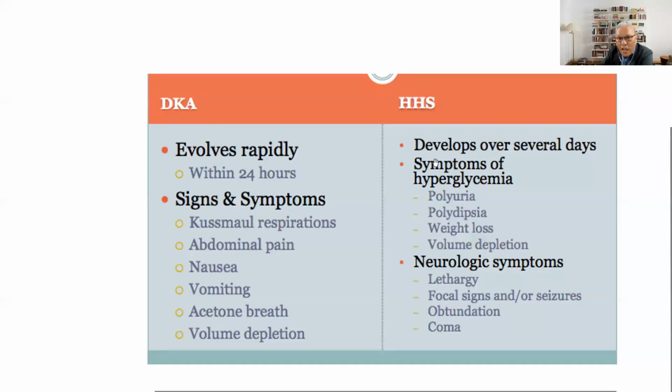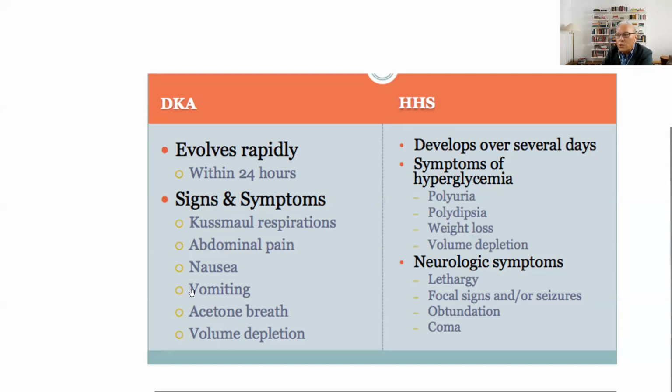The HHS develops over several days, and the signs and symptoms are almost the same, except there's no Kussmaul's respirations in HHS, because you remember there is no ketonuria. And of course, the classic symptoms of HHS are your polyuria, polydipsia, weight loss, and volume depletion.